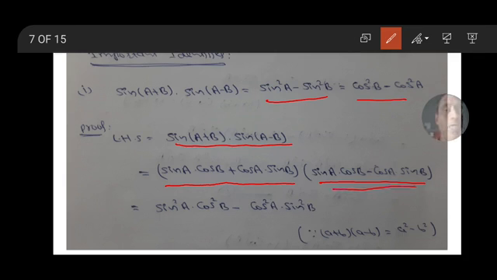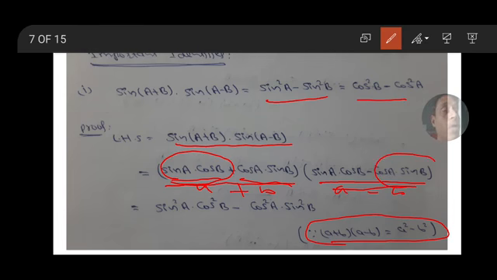So if you take sin a cos b as capital A and cos a sin b as capital B, it is of the form a plus b into a minus b, that is a square minus b square. We have the formula in algebra, a plus b into a minus b equals a square minus b square. Here a equals sin a cos b and b equals cos a sin b.